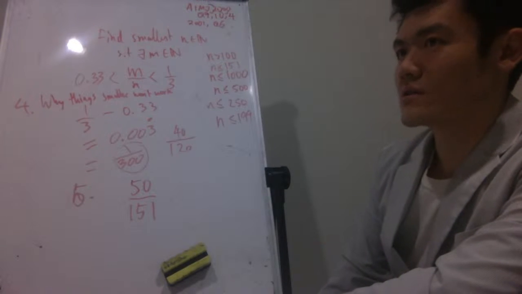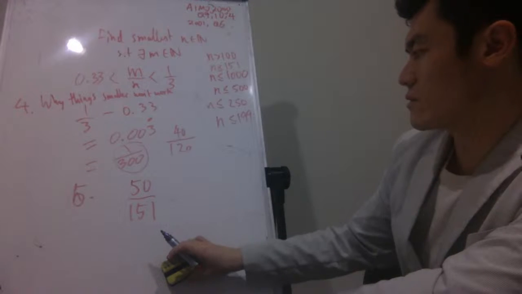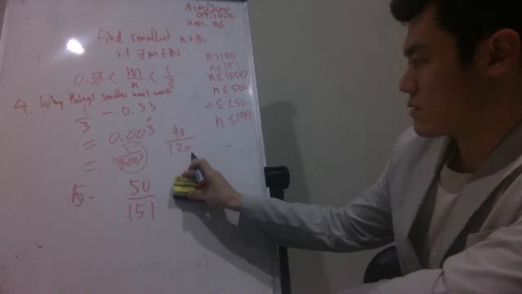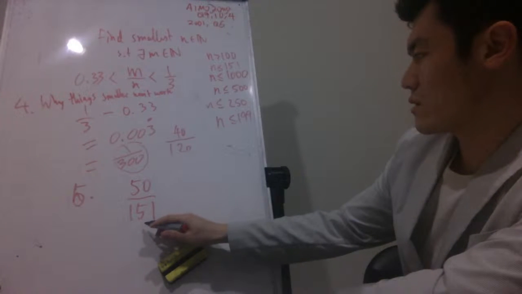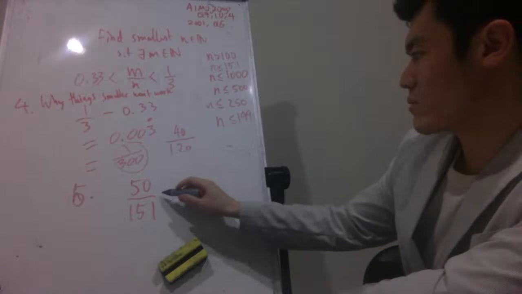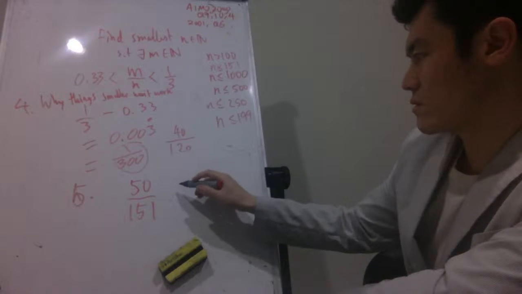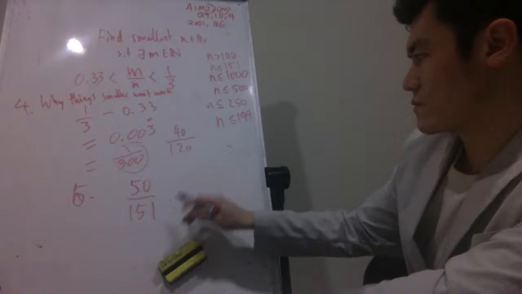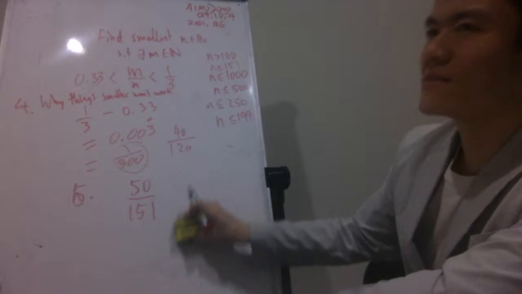When you subtract the difference, this is a third plus a third, right? Because you're trying to make that difference 1 over 300.